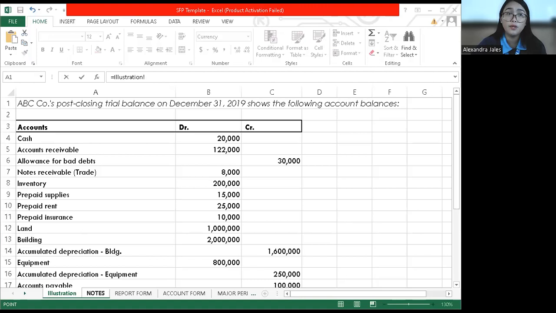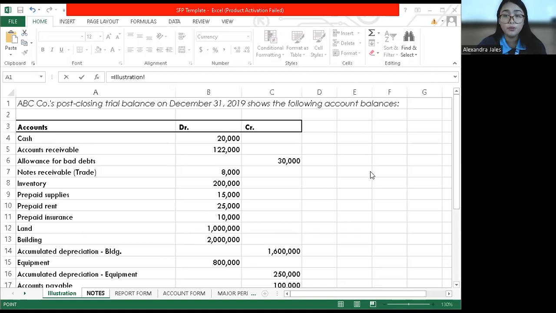That means it will lessen the amount of your account. It will decrease your asset if you have accumulated depreciation. That means it decreases the worth or the value of that building, or let's say an equipment.